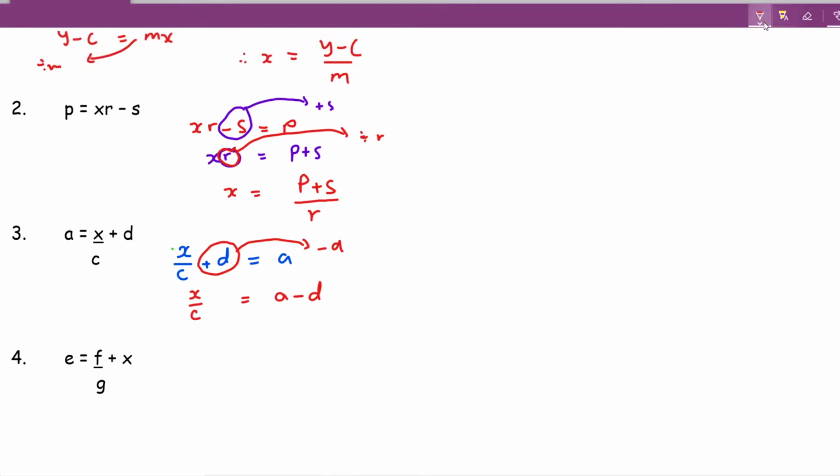The opposite of divide by c is multiplied by c. So all this is being multiplied by c. So x equals c, open bracket, a minus d, close bracket. Best time to introduce brackets. That gives me my equation here.